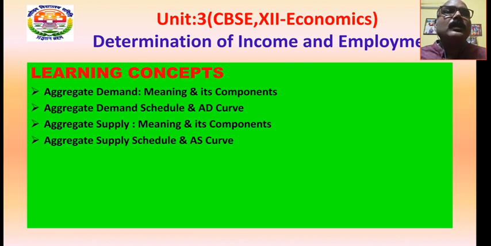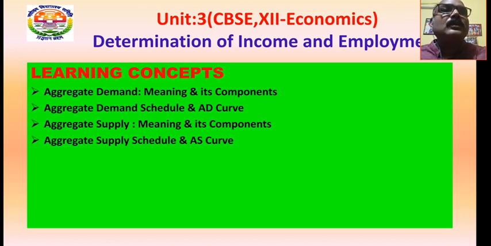So today we will learn about aggregate demand, meaning and its components, aggregate demand schedule and aggregate demand curve, aggregate supply, meaning and its components, aggregate supply schedule and aggregate supply curve.